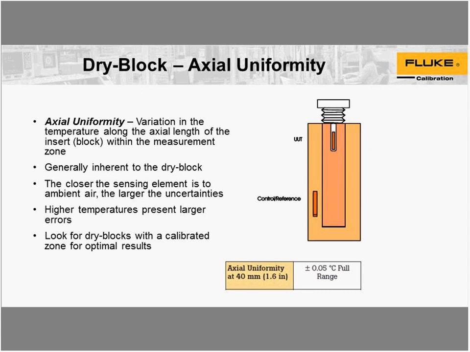Most of what we call dry wells, we're very concerned with an axial uniformity spec. On some of our newer, what we call metrology wells, we have dug in on this particular specification. So if you notice down at the bottom of the slide, we have a specification, I believe, taken from one of our metrology wells. And so you'll see axial uniformity at 40 millimeters or 1.6 inches.